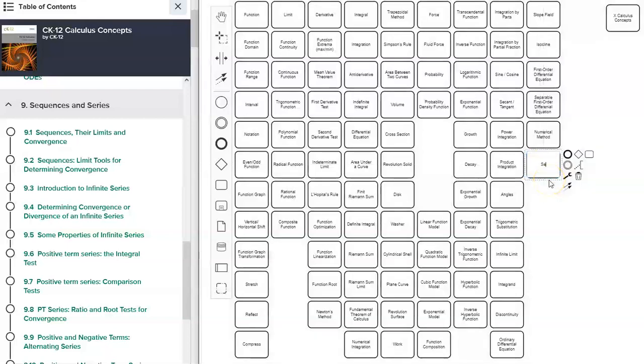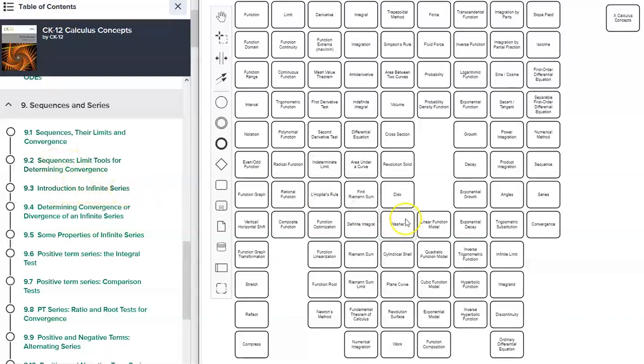So we have what is a sequence and a series. And then they have their own limits and convergence. Ooh, that's a new one. Convergence. Then it looks like we have some kind of tools to determine convergence. Tools are pretty generic, so I'm not going to record those.